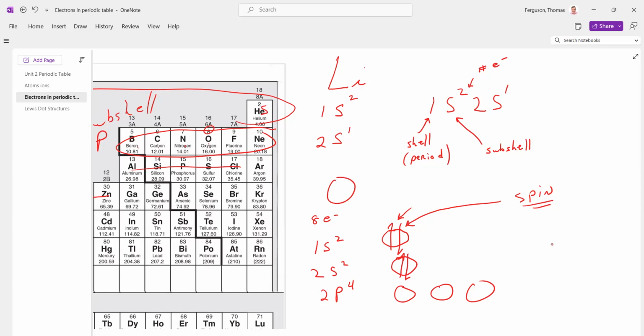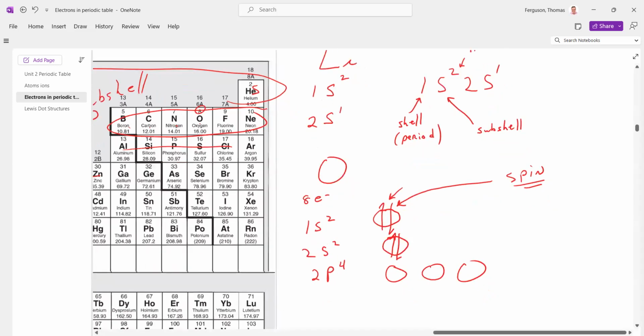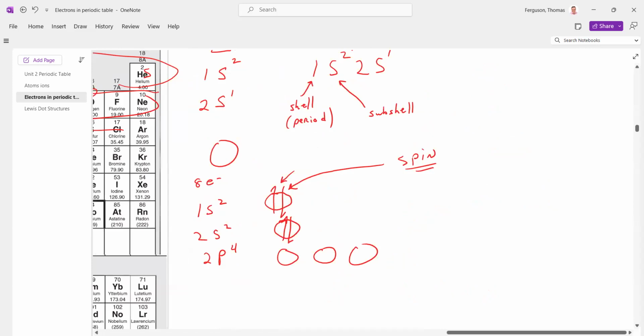Now, there are 2 ways to put them there, and one way is more stable than the other. So let's represent the 2 ways. One way is we fill up the first one with 2 electrons, then we fill up the next one with 2 electrons, and that takes care of the 4 electrons, leaving 1 orbital empty.